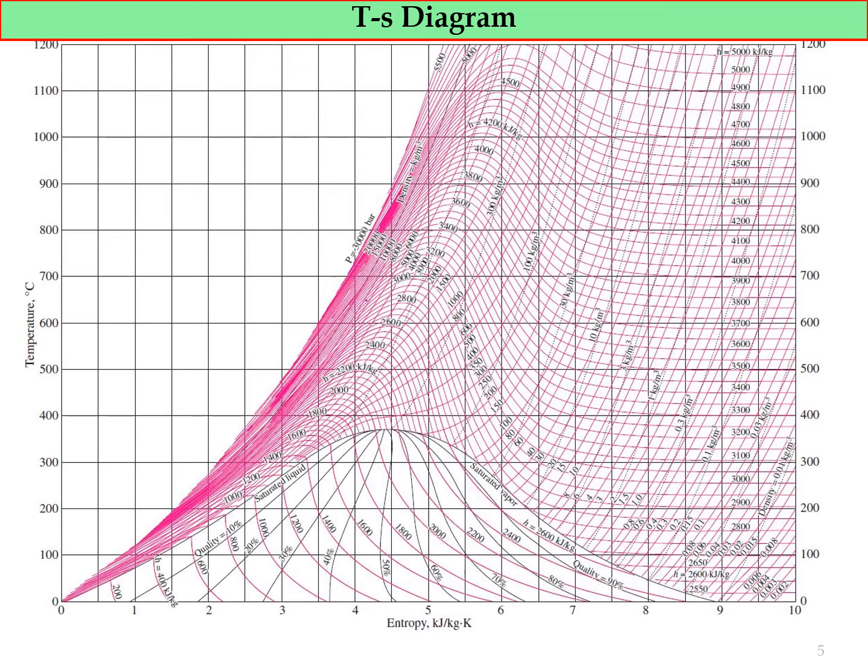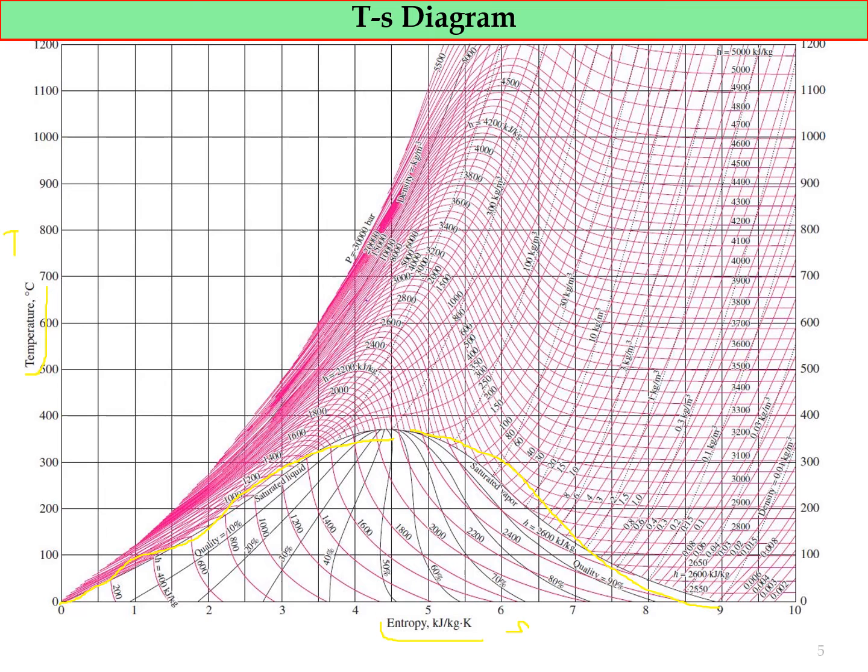This is the TS diagram of the water vapor, or water. This is the temperature and this is the entropy. In this figure you can also see the saturated liquid line and the saturated vapor line.